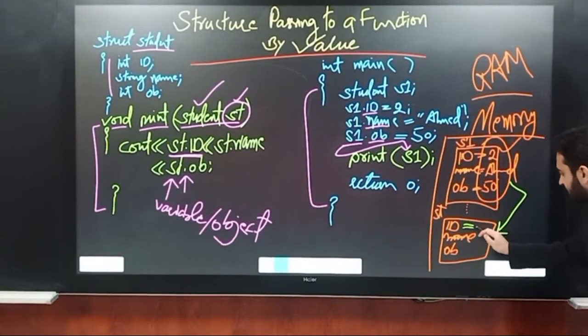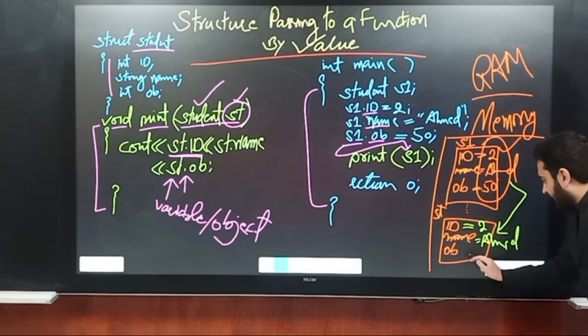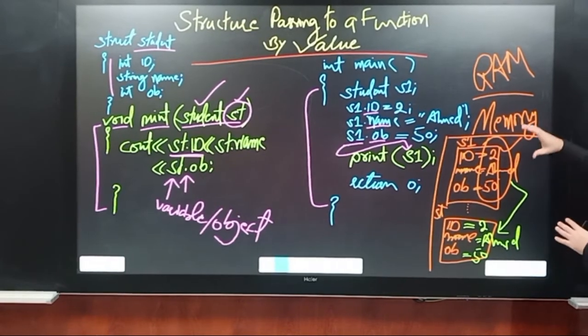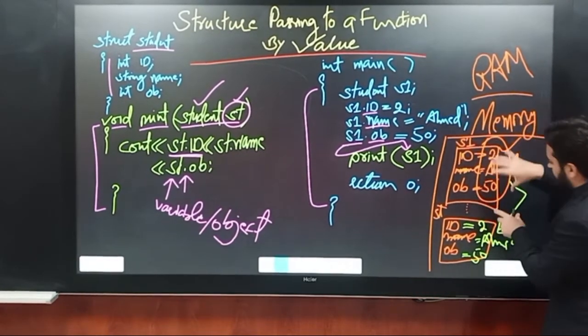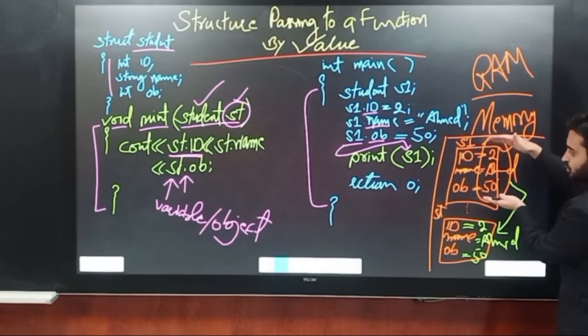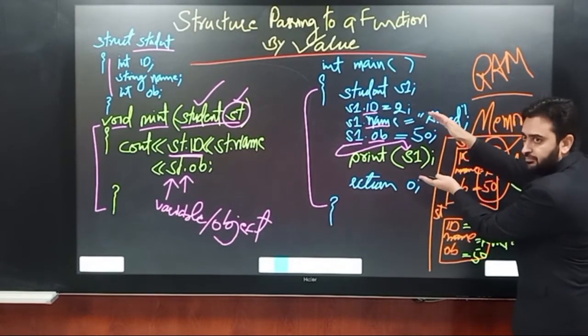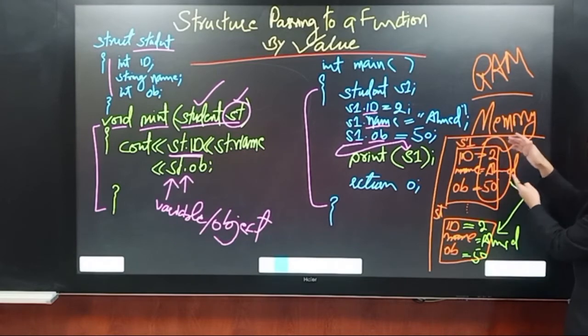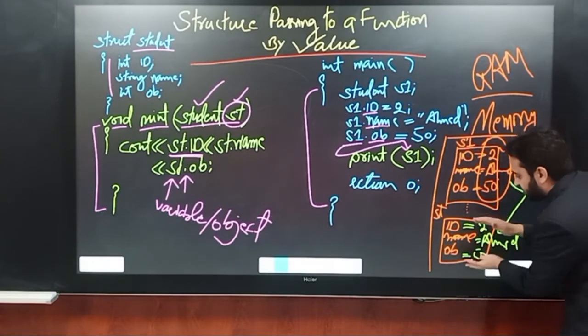So we will see that ID is equal to 2, name is equal to Ahmed, and OB is equal to 50. So you have almost similar values in two different places. So you can play with the S1 object in the main function and it will have no effect on the ST object.